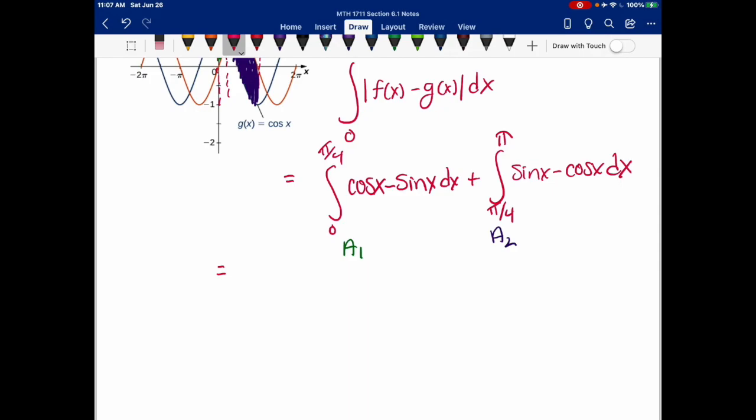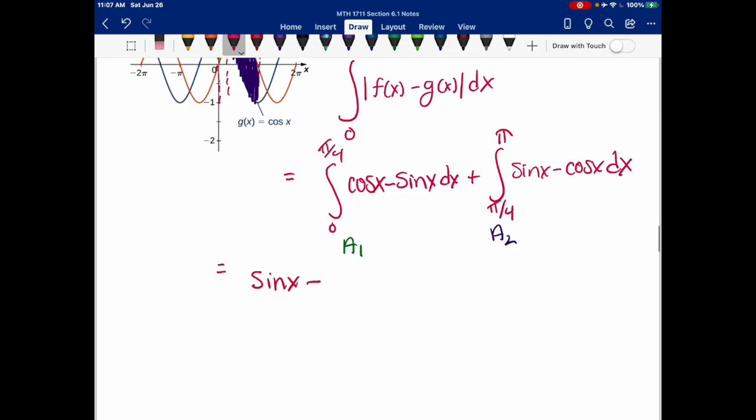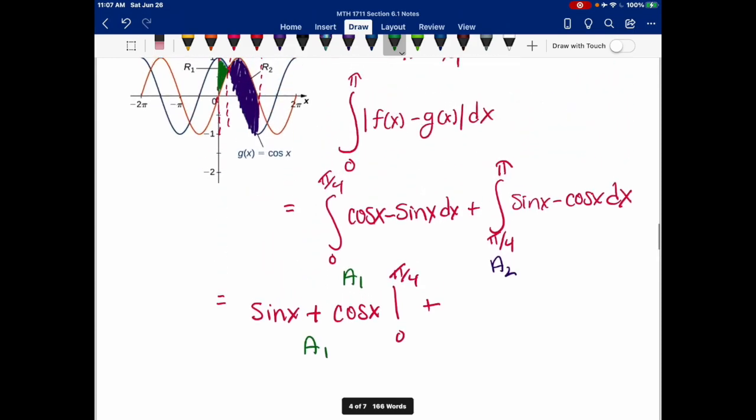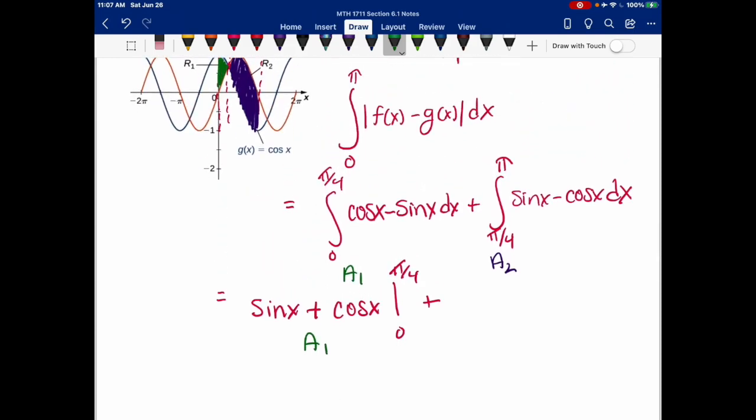So now when I find area 1, I'm going to integrate that first integral. The antiderivative of cosine is sine, minus the antiderivative of sine, which is negative cosine. So I'm going to have a double negative, which means this is going to be a positive, and I'm going to integrate that on 0 to pi over 4.